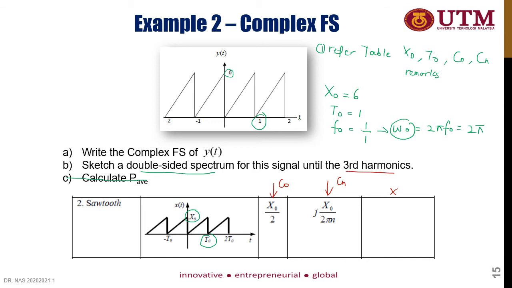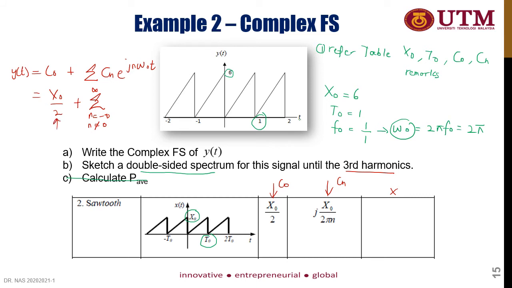So don't forget the general equation. So in this case, it's y(t) equal to C0 plus the summation of Cn e^(j n omega naught t). Okay, so you already know your C0 equal to x0 divided by 2, plus the summation of all n from negative infinity to infinity except n equal to 0, because this is for n not equal to 0.